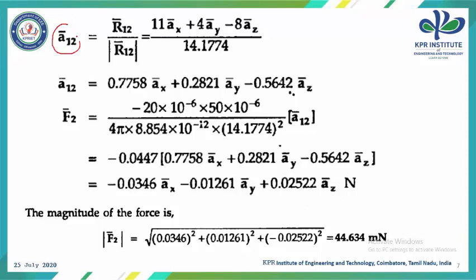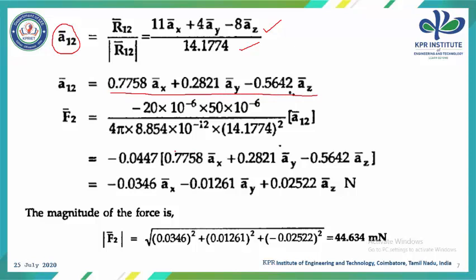A12 equal to R12 vector divided by the modulus of R12 vector. You know the R12 vector, and now you know the magnitude of R12, so just substitute it. Simplify this using a calculator and verify the result.